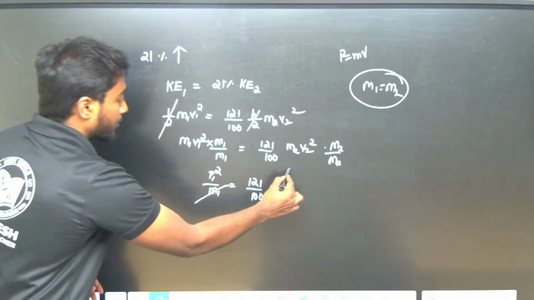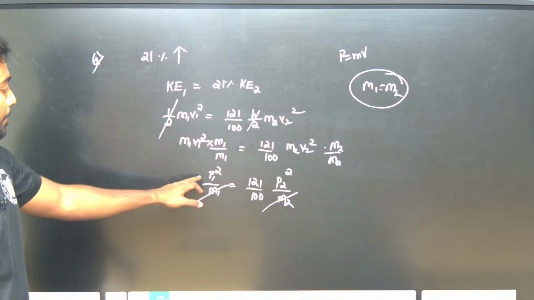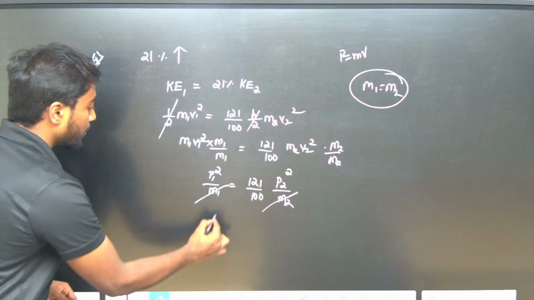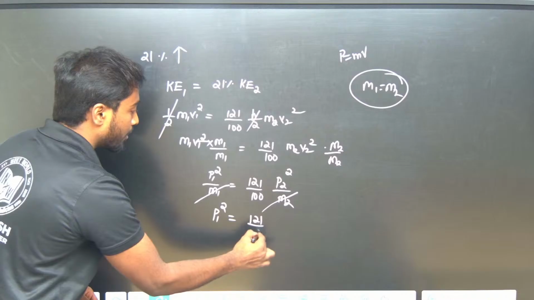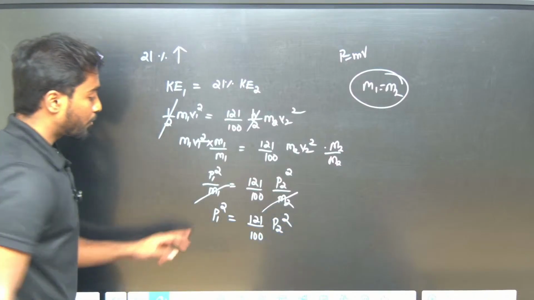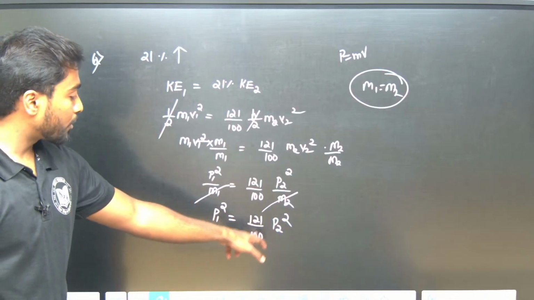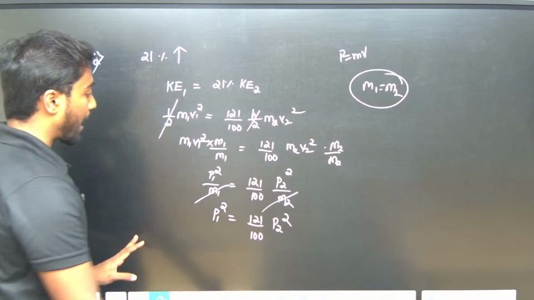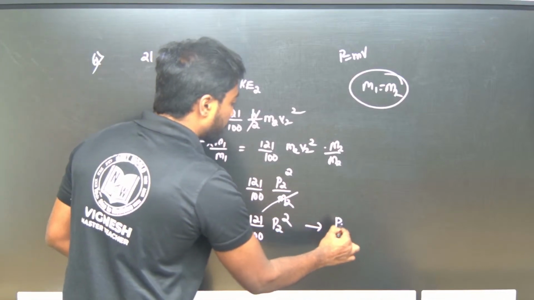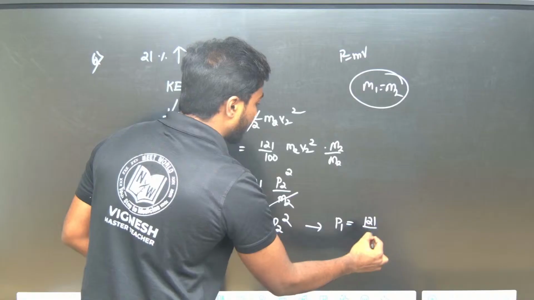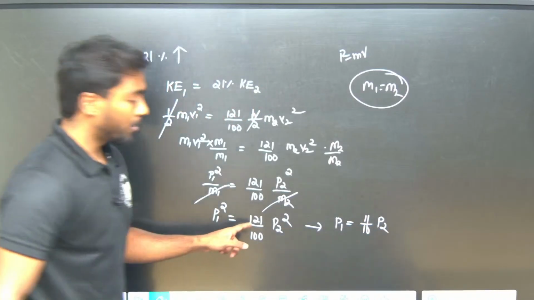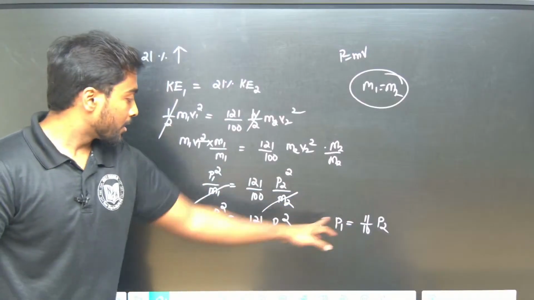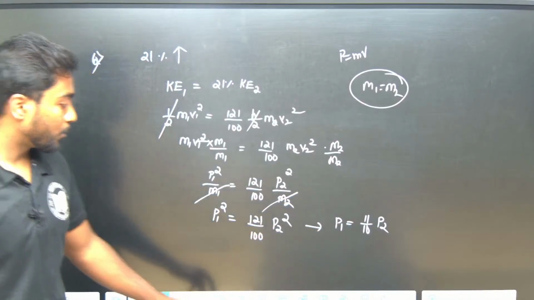So p1 square will be equal to 121 by 100 into p2 square. If I take the root, I will get p1 equal to 11 by 10 p2, because 11 square is 121 and 10 square is 100.